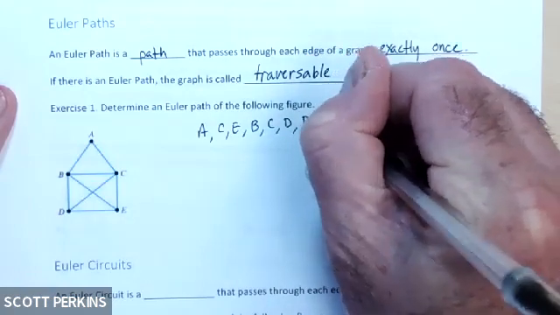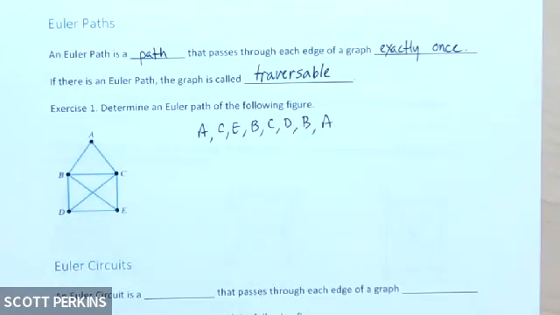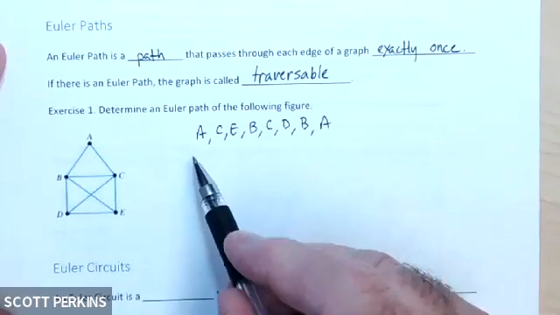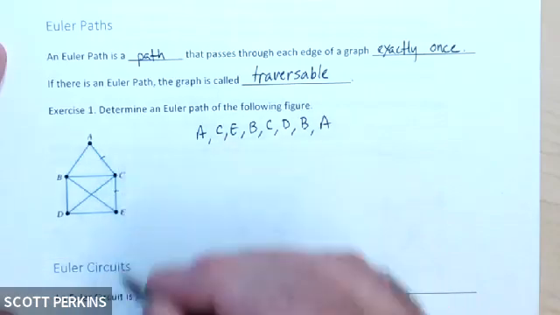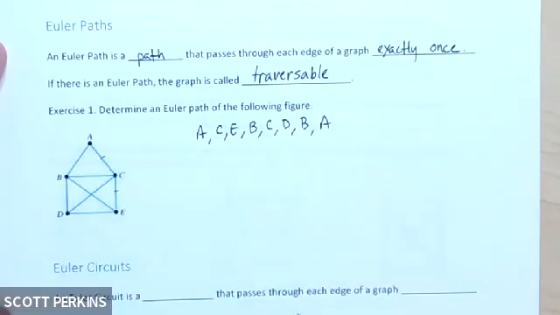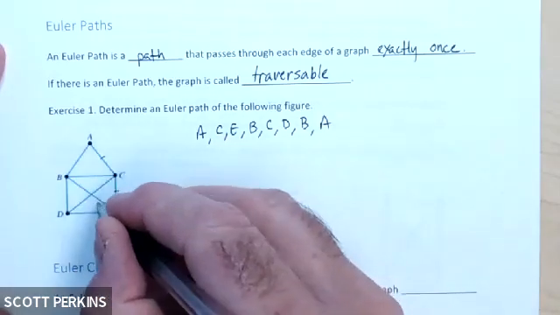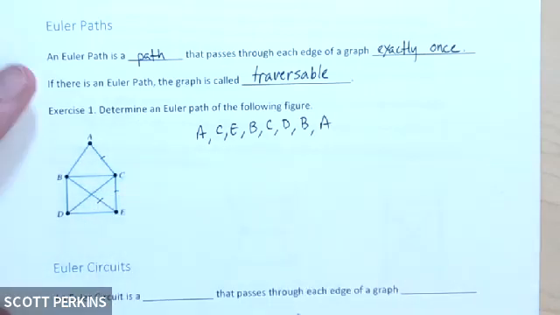Okay, let's verify that. So you said that we went from A to C, so we've crossed that edge. I'm just going to put a little mark on it. Then from C to E, so I'm going to put a little mark there. And then from E to B, so we crossed up through the middle. And then from B over to C, great.